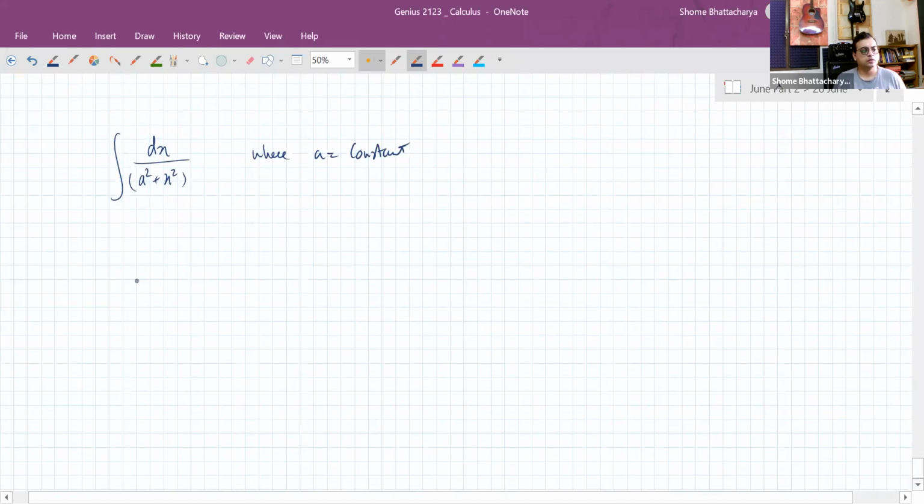Then what we can do here is we can express this by dividing the numerator and denominator by a square.